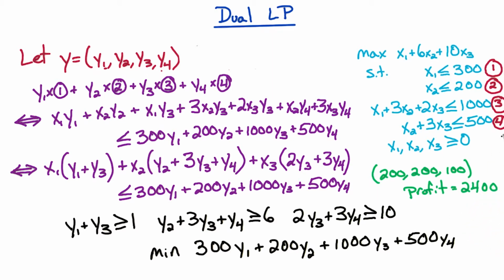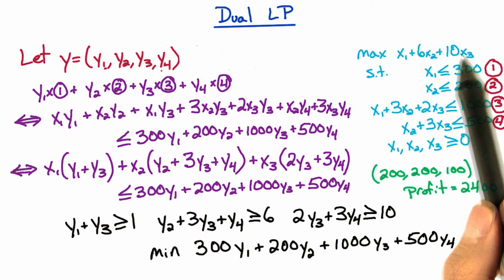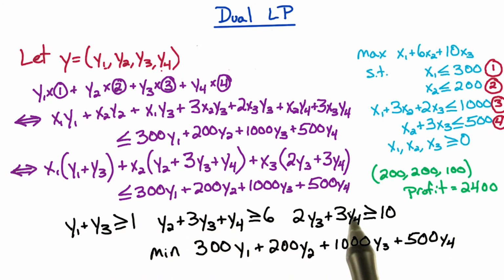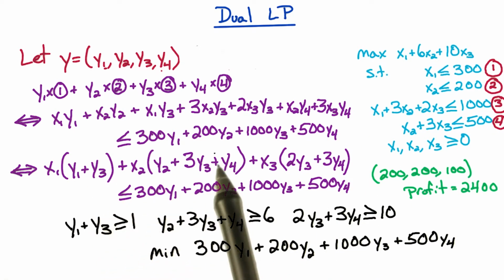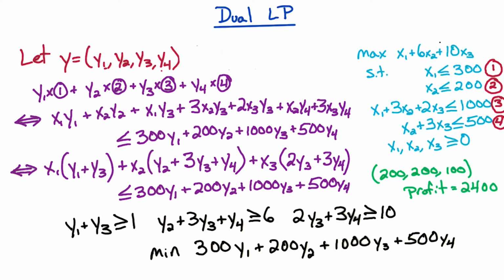And our original LP had three variables, and that's going to yield three constraints, because we have to look at the coefficients for each of those variables and make sure they're at least the coefficients in the original objective function. So the number of variables in the original LP defines the number of constraints in the new dual LP, and the number of constraints in the original LP defines the number of variables in the new dual LP.